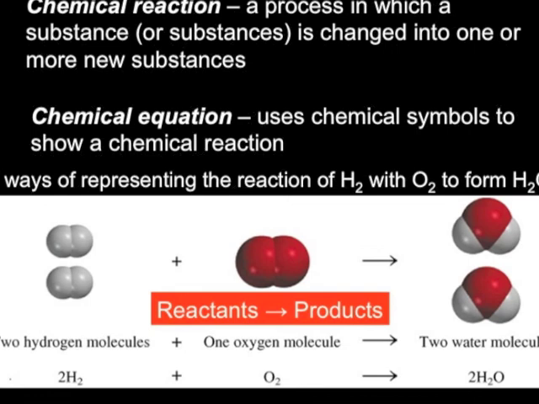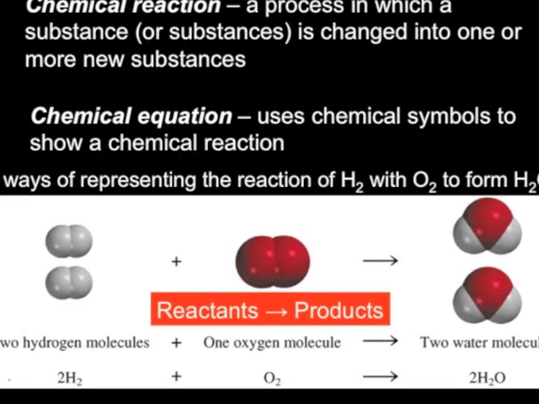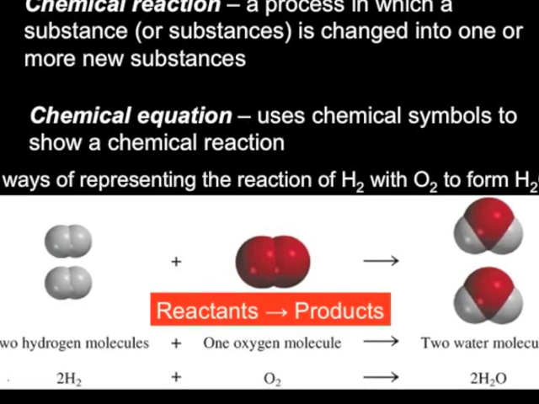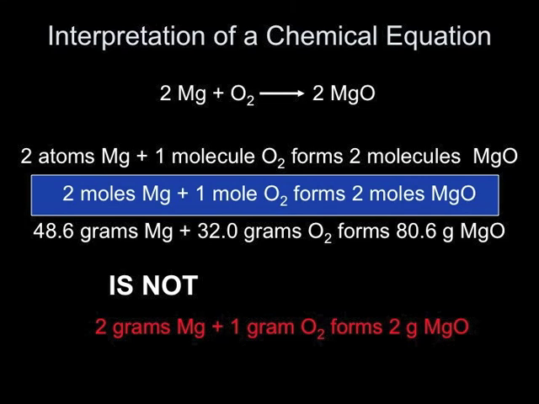But let's take a second and interpret these chemical equations. So if we take another reaction where we take two magnesiums and react them with an oxygen molecule to form two magnesium oxides, we can say that's two magnesium atoms reacting with one molecule of O2 to form two molecules of MgO.